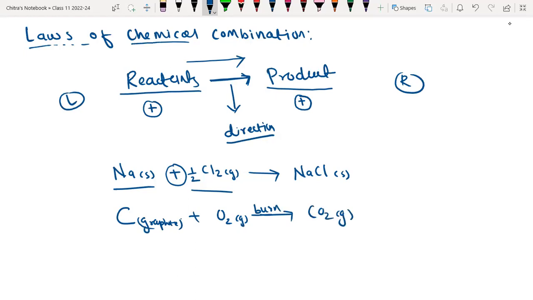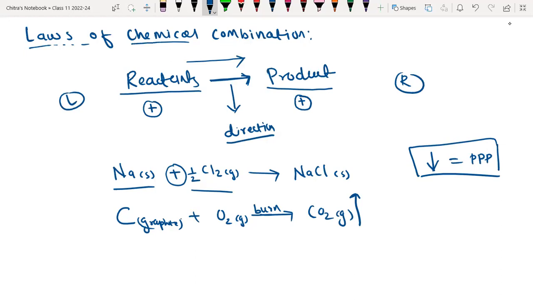They form carbon dioxide gas. If it is a gaseous product, we draw an arrow directed upward, meaning the gas is released. If a precipitate is formed during the reaction, we write an arrow directed downward, meaning it is going to deposit. So this is the standard way of writing a chemical reaction.